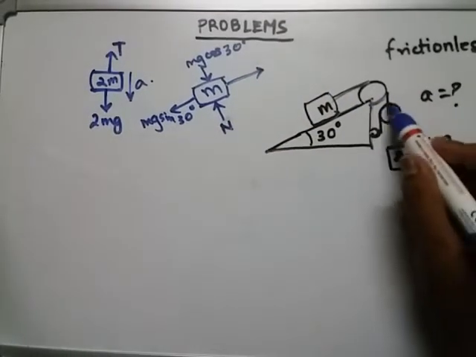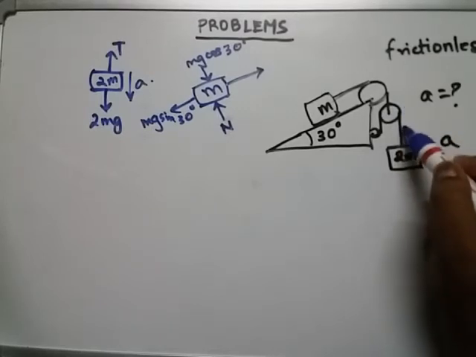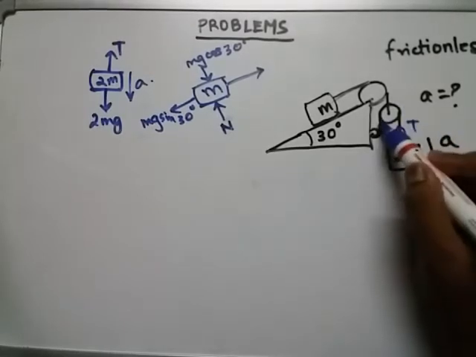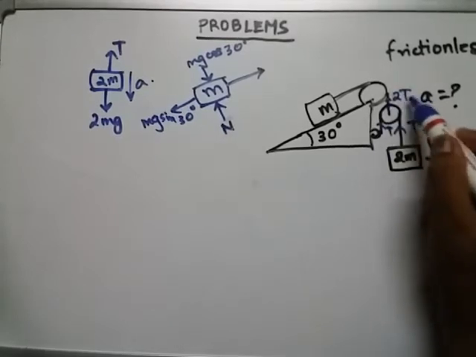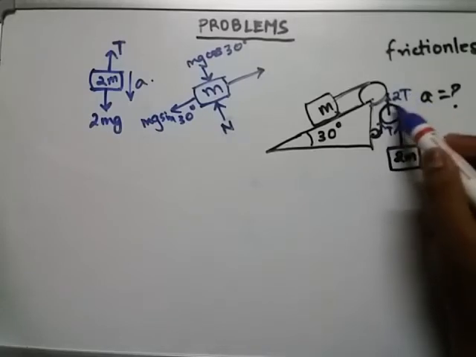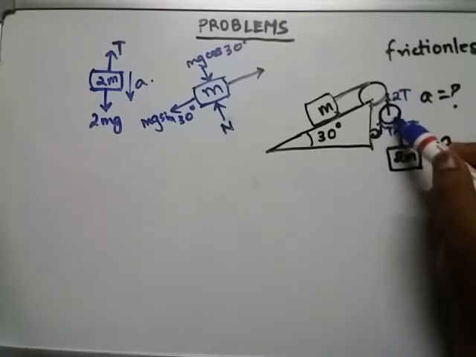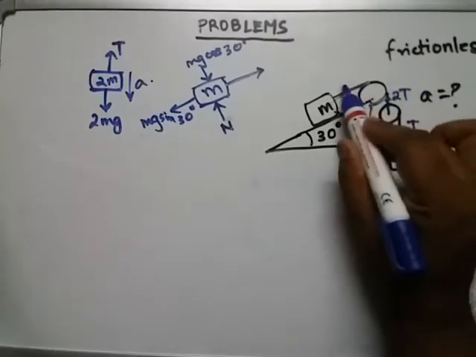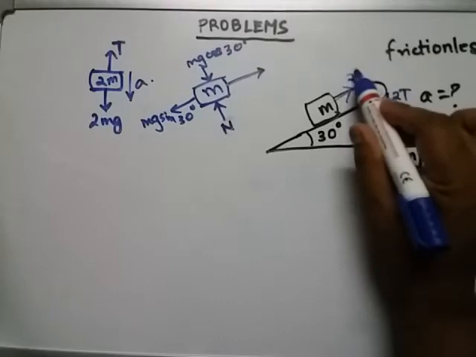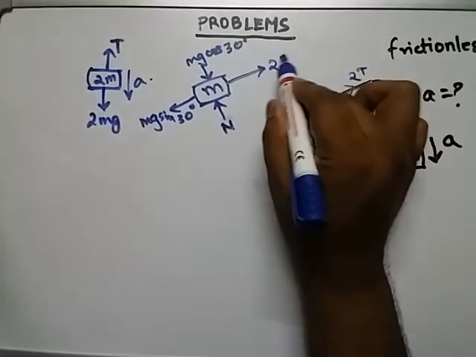Since this pulley is massless, if this is T and this is also T, hence this is 2T, because T plus T equals 2T. This pulley is massless, so the net force on it should be 0, because force equals mass times acceleration and mass is 0, so net force is also 0, hence this will be 2T.